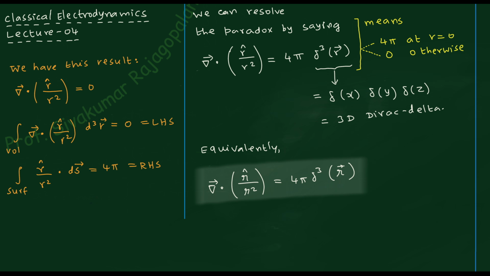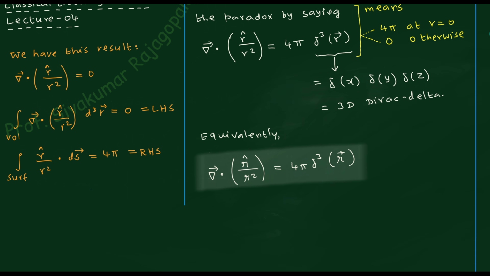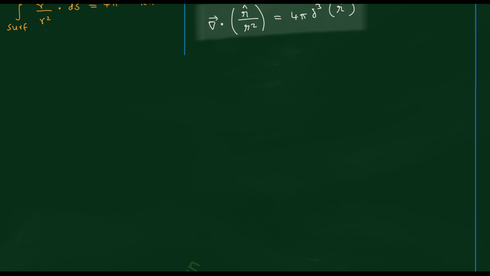Once we have this result, we are now in a position to evaluate the divergence of the electric field. So I would like to evaluate the divergence of the electric field.